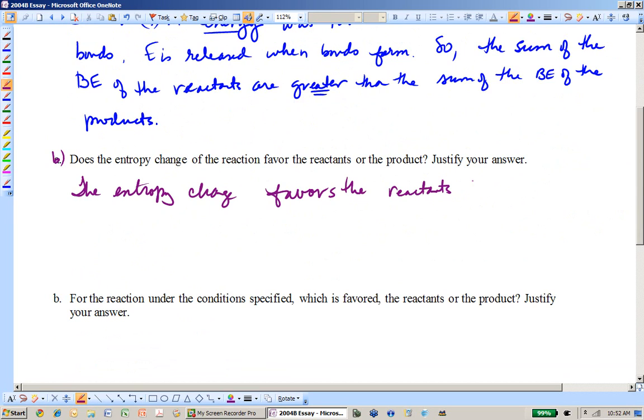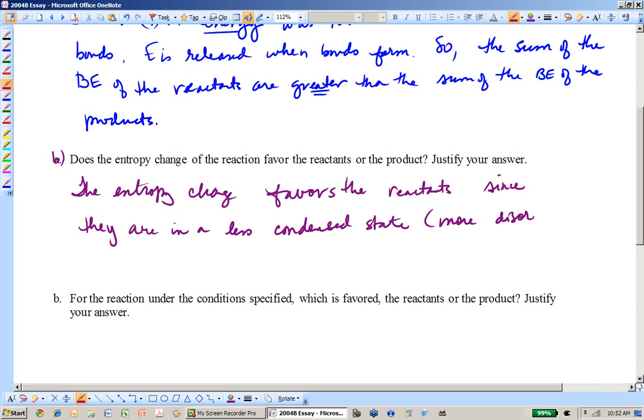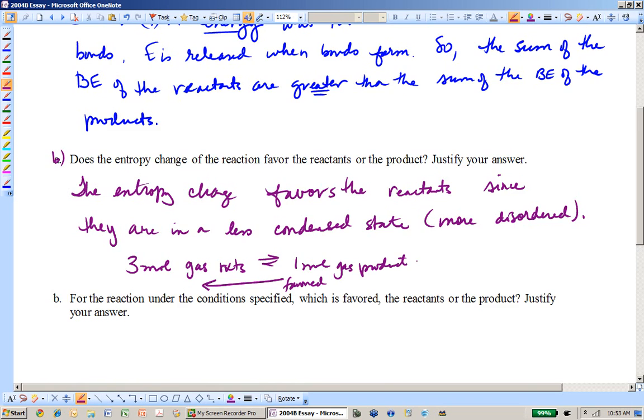Think favors the side with the most chaos, since they are in a less condensed state, which means they're more disordered. And then you need to really talk about the moles of gas on each side. So that's the favored state.